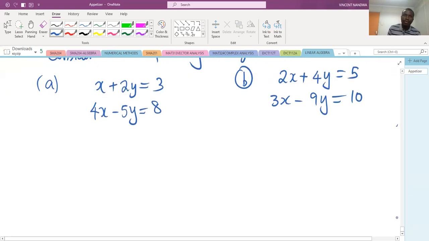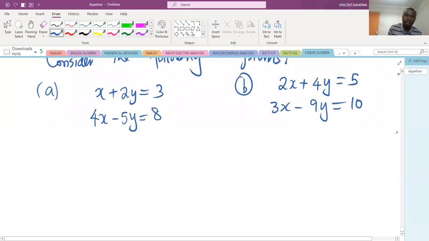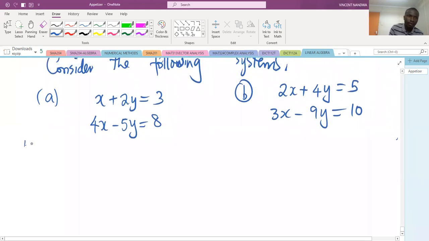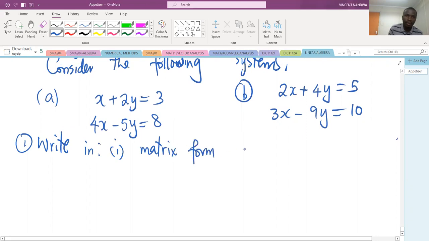So I want us to write in matrix form, and augmented form.